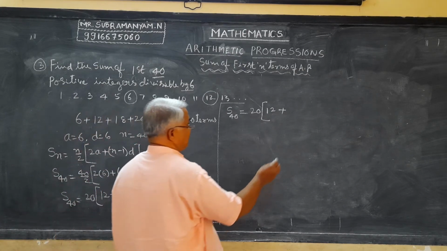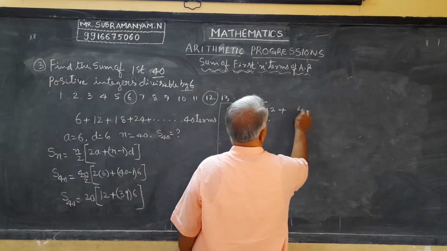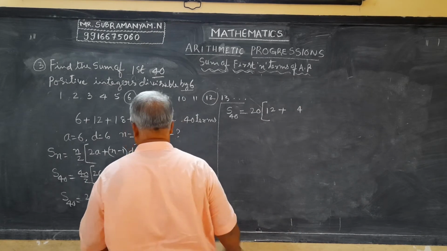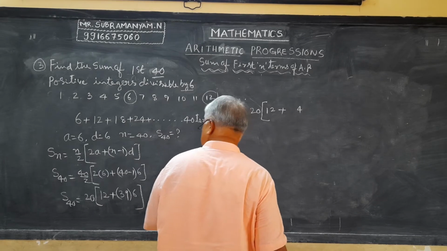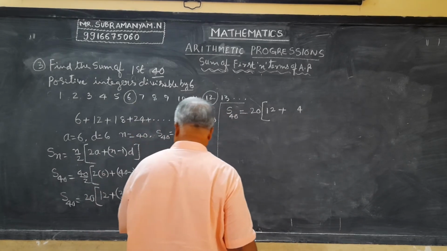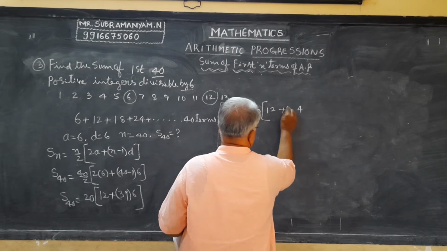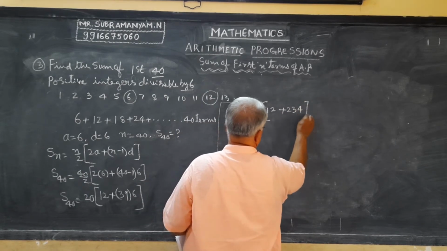6 9s are 54. Carry number 5. 6 3s are 18. 18 plus 5, 23. 234.